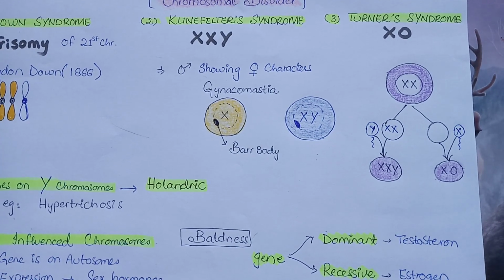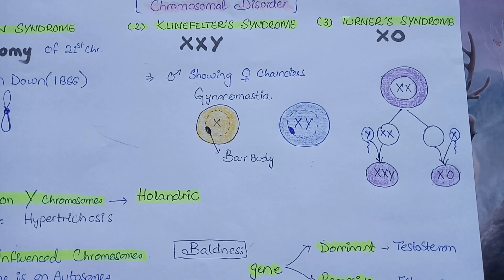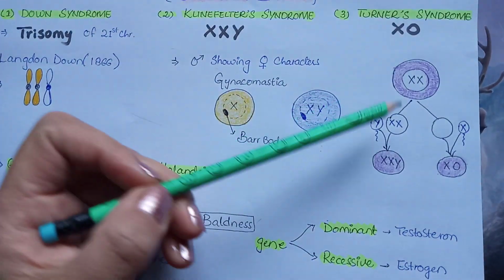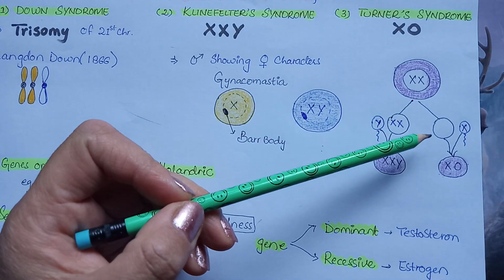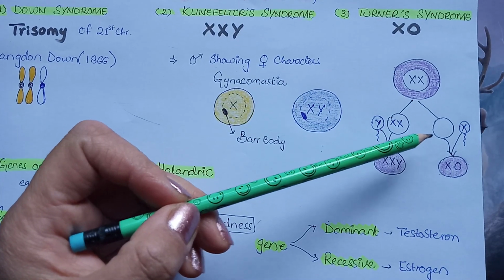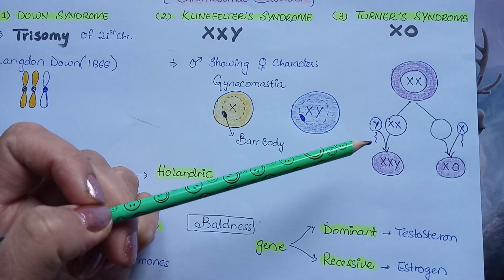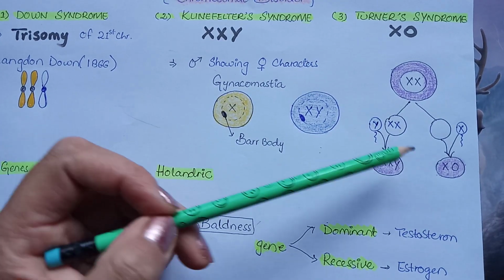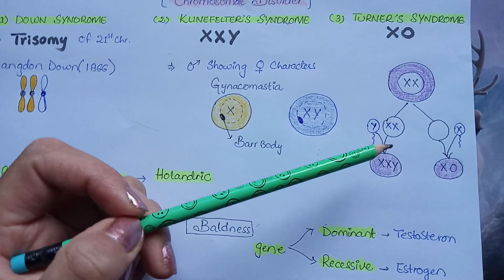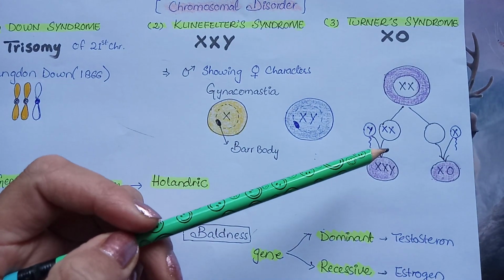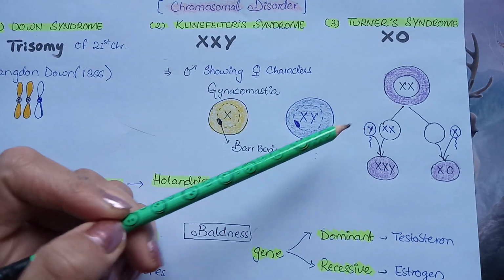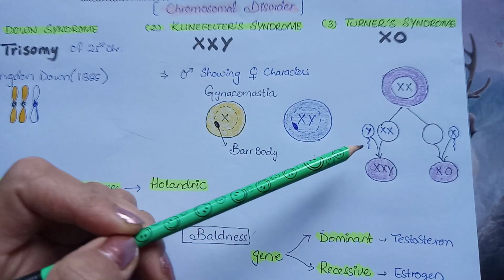In this diagram you will obviously see that this is an empty egg. In this condition, the empty egg gets fertilized by an X-containing sperm. The offspring is going to be X0, and this condition results in Turner syndrome. Because of the presence of the X chromosome, the individual is going to be a female.